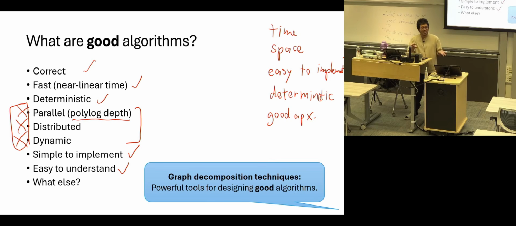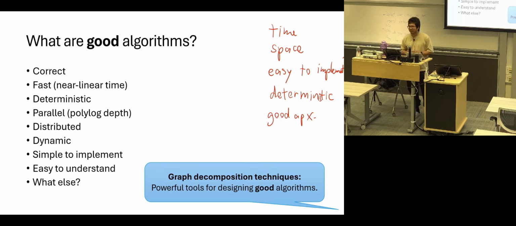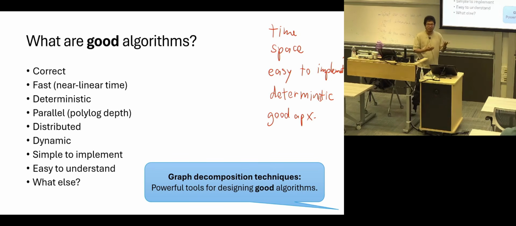That's a good question. What about something else, like minimum spanning trees? We want all this. Sometimes we cannot achieve all this simultaneously, but it's a goal that we can pursue.